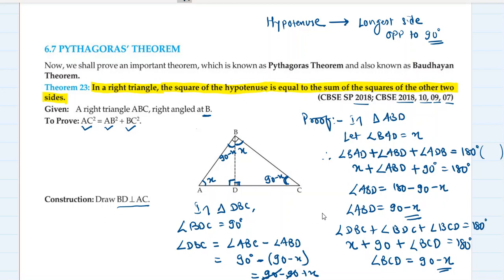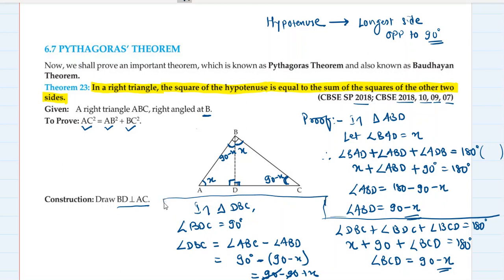Now whatever I have written over here is compulsory for proving Pythagoras theorem. Before proving Pythagoras theorem, you must write all this. Okay, this was up to here, right? And then I wrote this part. Please note it down properly.